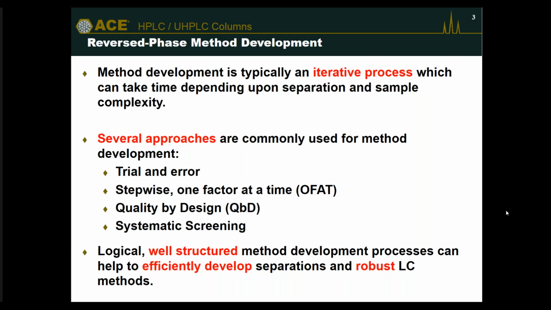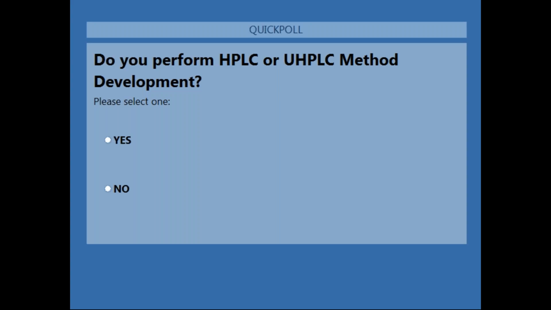Now, what I'd like to do, if you've been to any of my webinars previously, I run a couple of polls through the webinar just so that we can understand a little bit about the type of work that the audience does. So I'm going to run that first poll now. Hopefully what you should see on your screen, and I'll leave the poll open just for 1 minute or so.